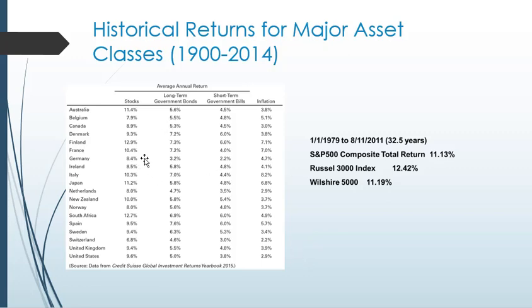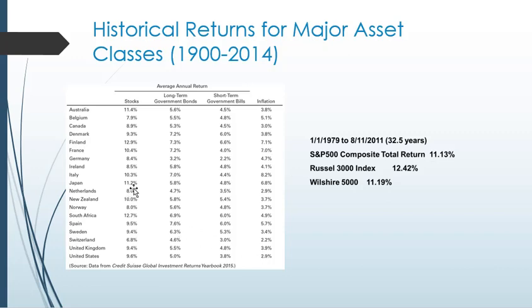If you look at some other countries, it appears here that Finland has the highest return, 12.9%, but they also have a 7.1% inflation rate. So their risk premium, if you will, or excess return, is 5.8%. Certainly a little bit less than the United States.